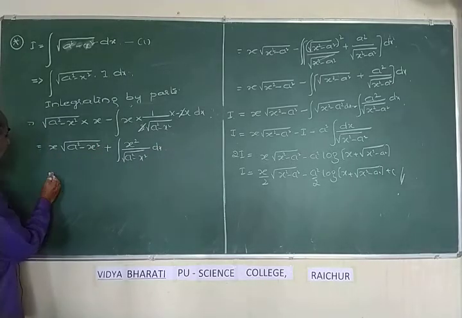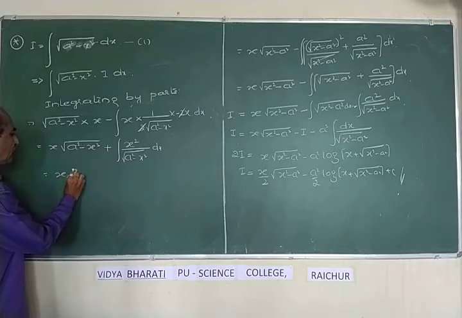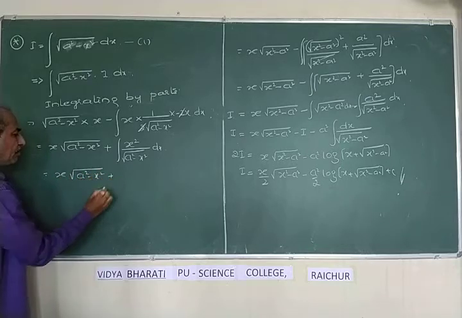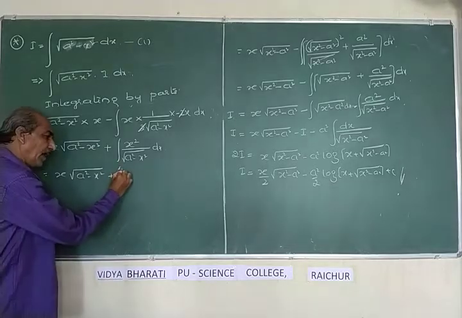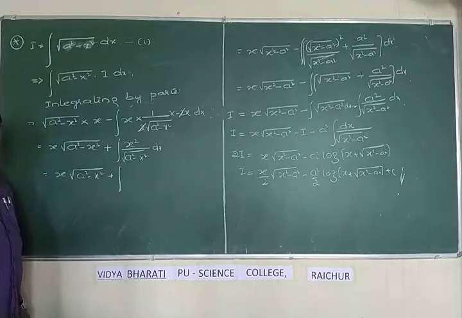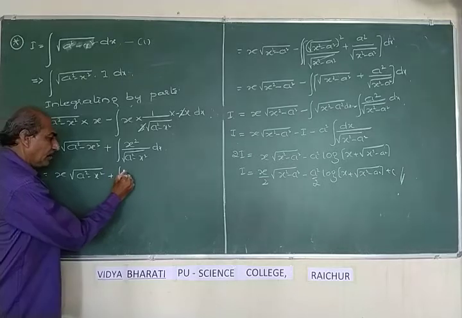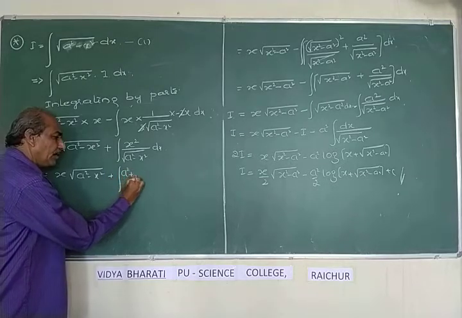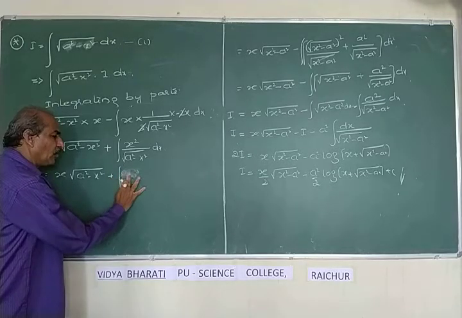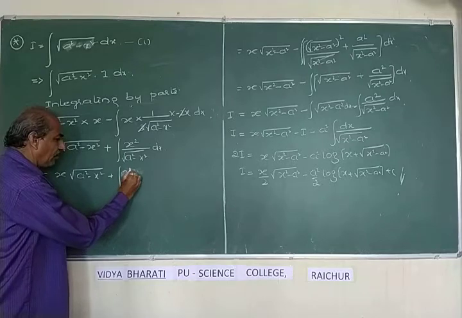Okay. Now x into root of a square minus x square, plus, you add a square from the left. What is that? A square, or else take it like this and then rearrange that one. Like that you can also do it.